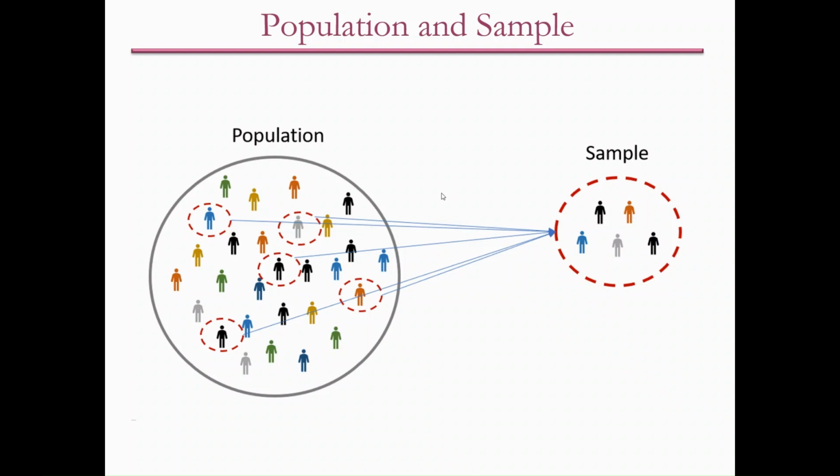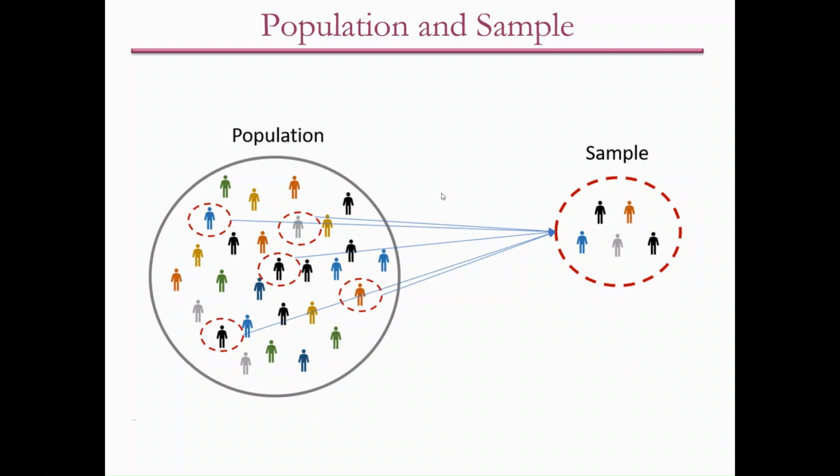Now, we do want to be careful about how we draw this sample. We want to make sure that we do it randomly. We want every person in the population to have an equal opportunity to be selected. This helps ensure that our sample is representative of our population.